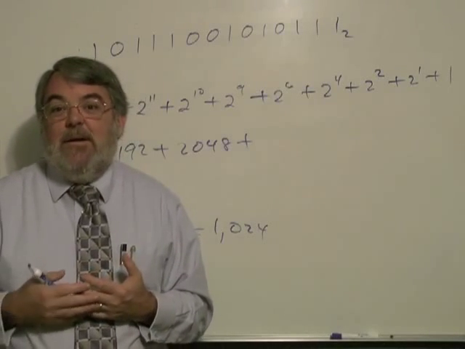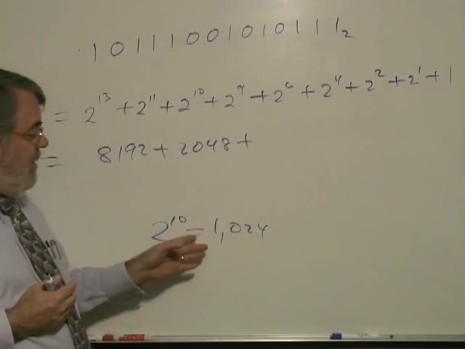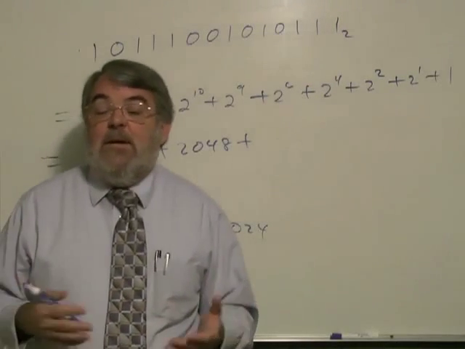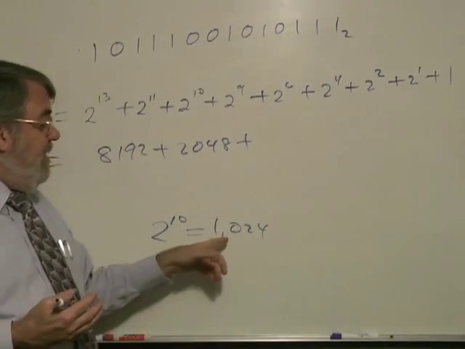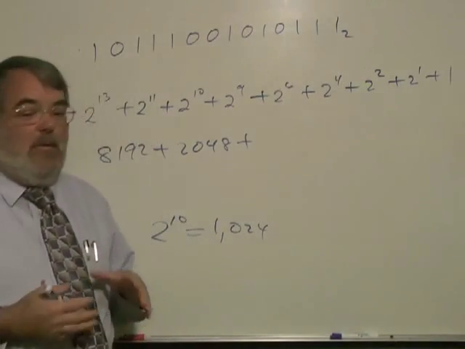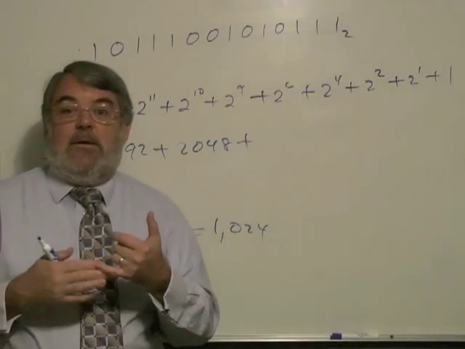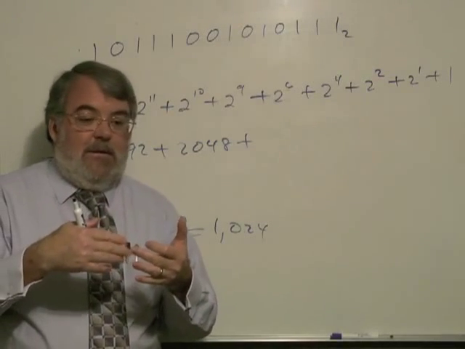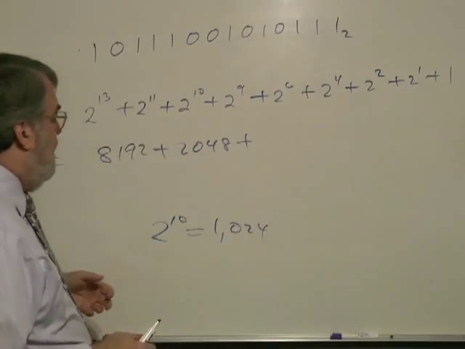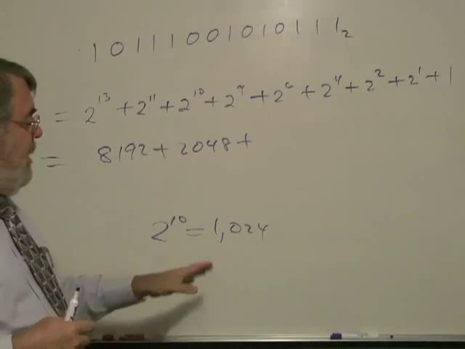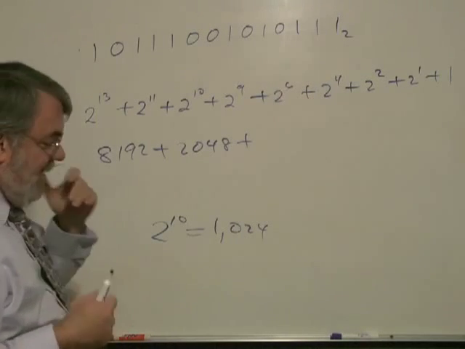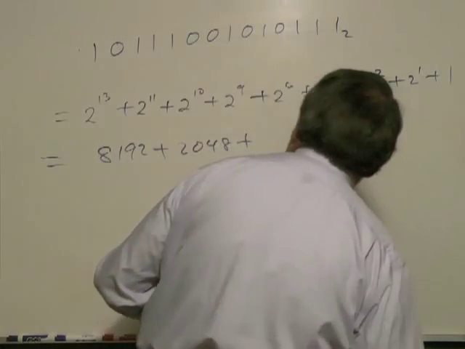So a kilobyte is 2 to the 10th bytes, or 1,024 bytes. A megabyte is 1,024 kilobytes, and it works that way. So every time you go from kilo to mega to, what's after mega? Gigabytes. You're stepping it up by a power of 2 to the 10th, or 1,024. So anyway, that shows up quite a bit.